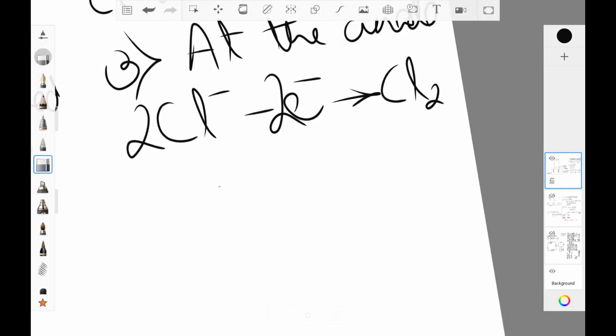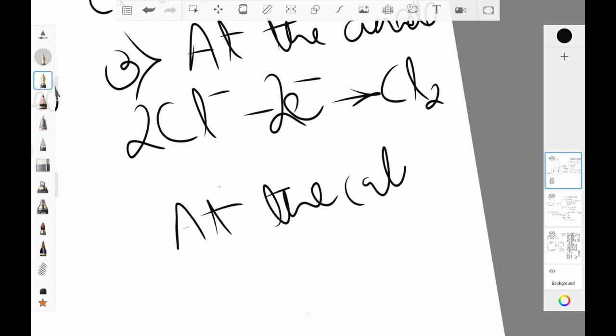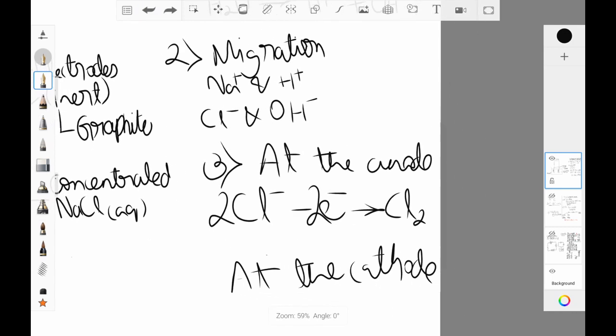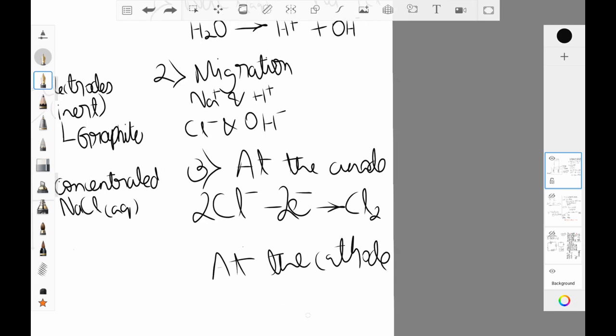Let's look at what happens at the cathode. Now at the cathode, you have these two ions going to the cathode, the sodium ion and the hydrogen ion. So you need to recall the rule for the cathode, where ions that are below the hydrogen ion on the electrochemical series will not be discharged.